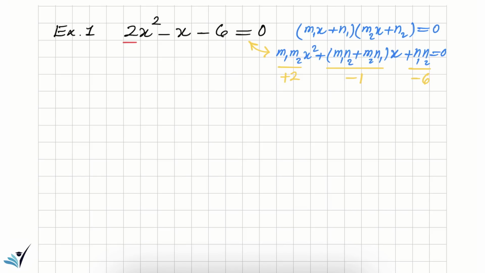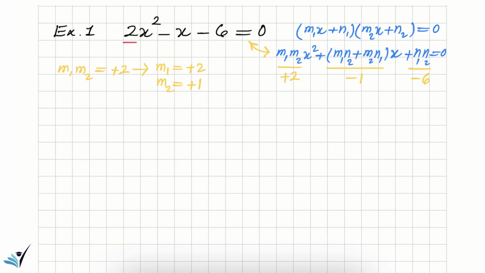In this case, it's easy to figure out m1 and m2. We know m1 times m2 is equal to positive 2. As a result, m1 has to be positive 2 and m2 has to be positive 1. You can also switch the values between m1 and m2.